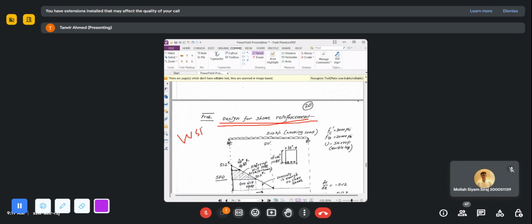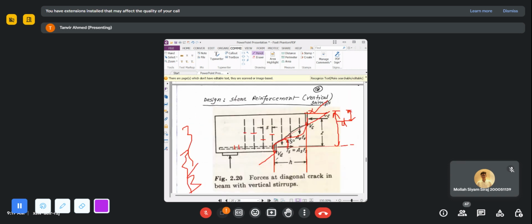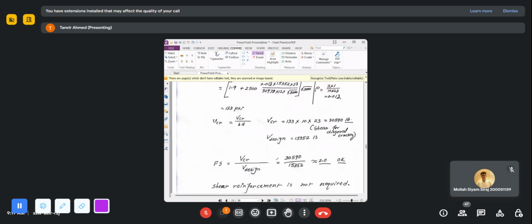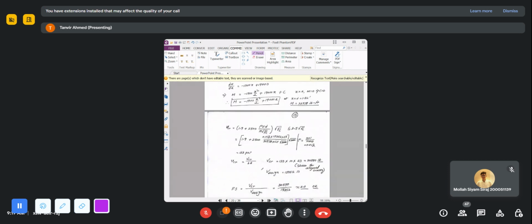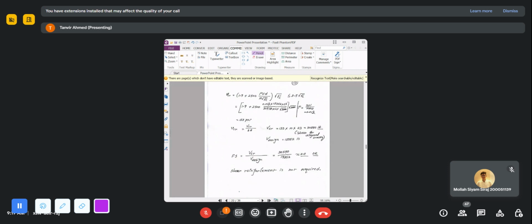In case of the WSD method, if you remember the last problem, we calculated the shear strength of the concrete, which was VCR, and then from this shear strength we calculated the maximum shear that the concrete can take.